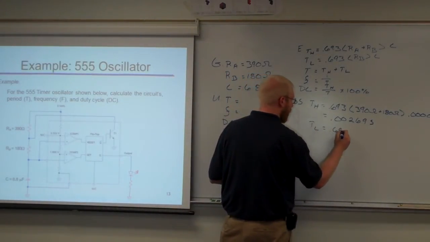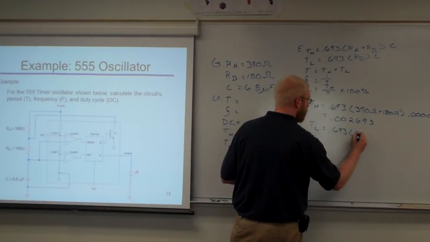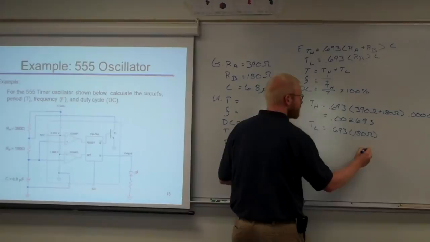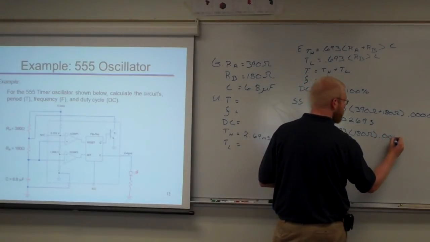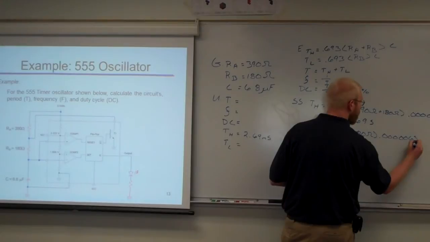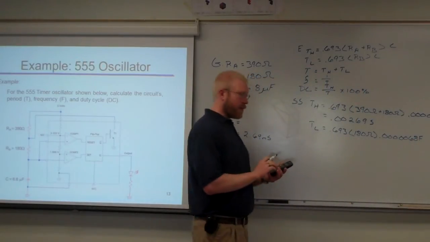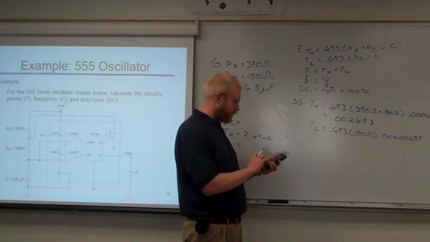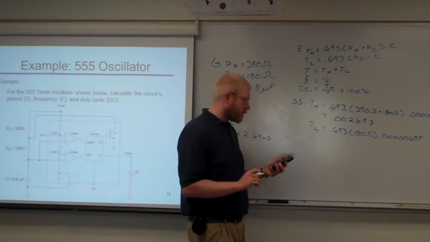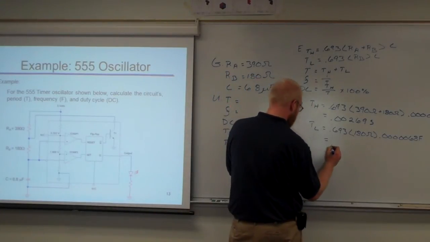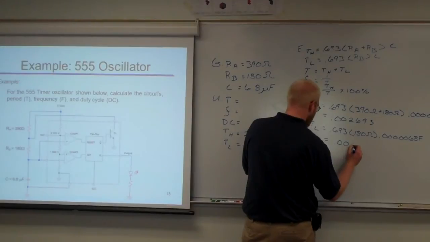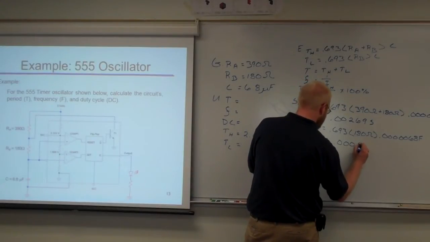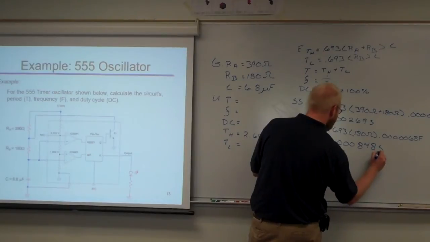Time low equals 0.693 times 180 ohms times our 0.0000068 farads. Once again, plug it into the calculator. 0.693 times 180 times 0.0000068 is going to give me 0.000848 seconds.